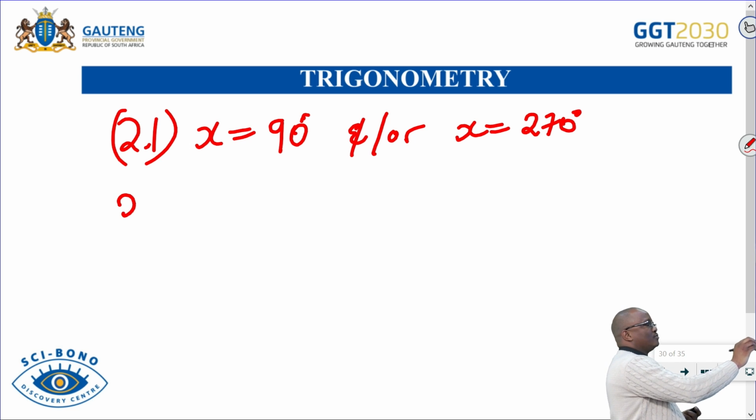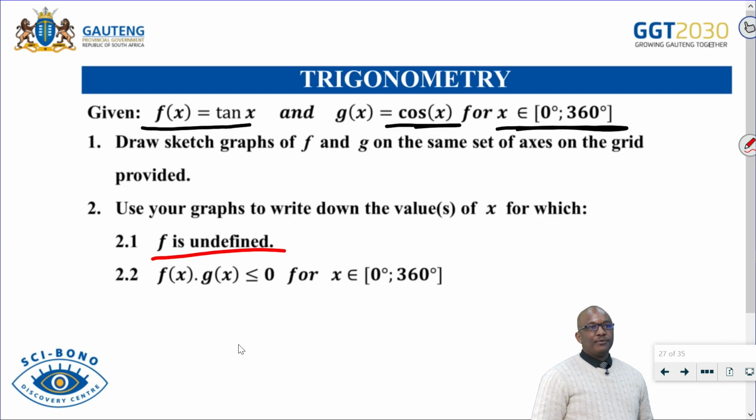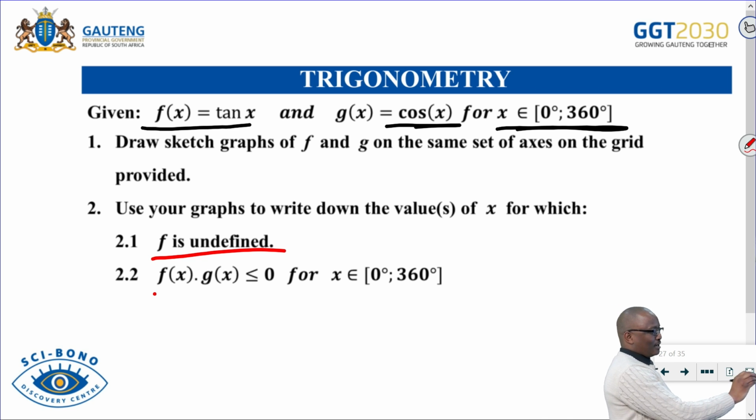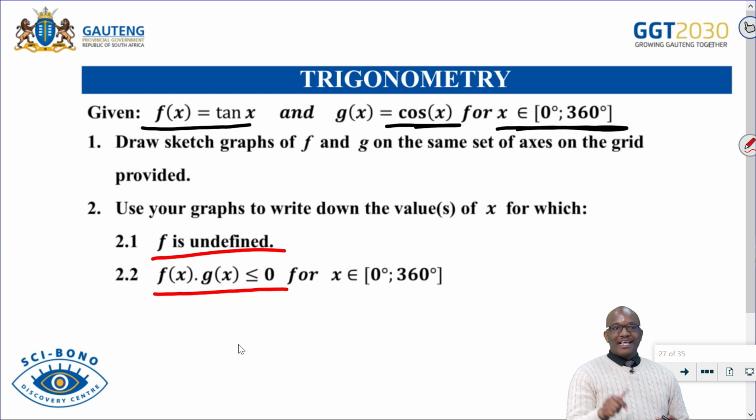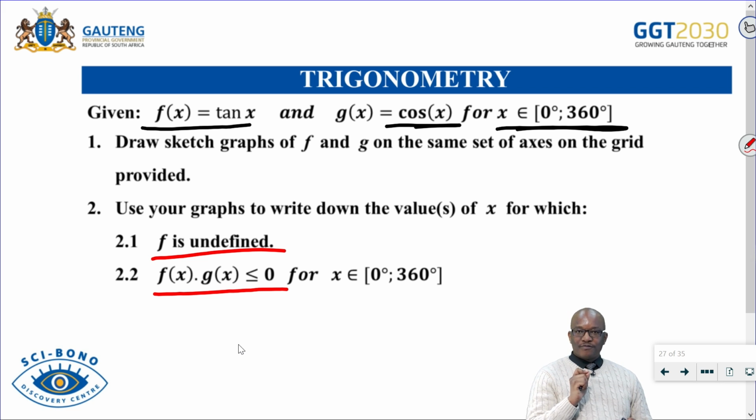So now, 2.2, they are saying, determine the values of x for which f of x multiplied by g of x is less than or equal to 0, for x an element of 0 to 360.